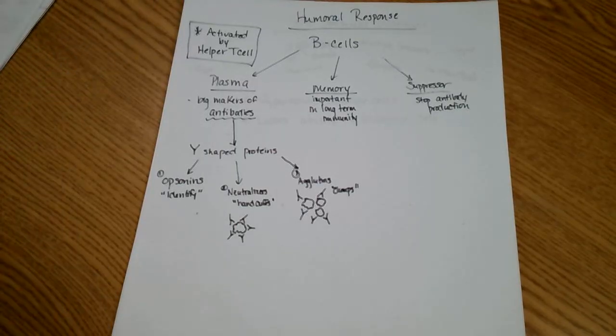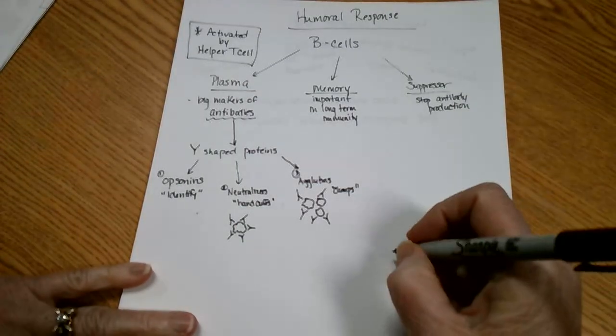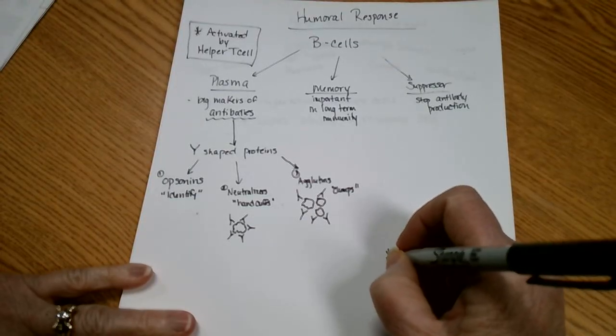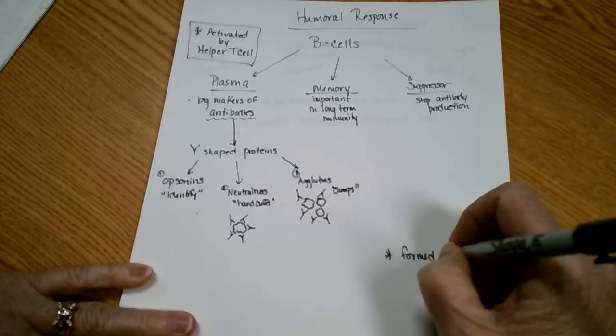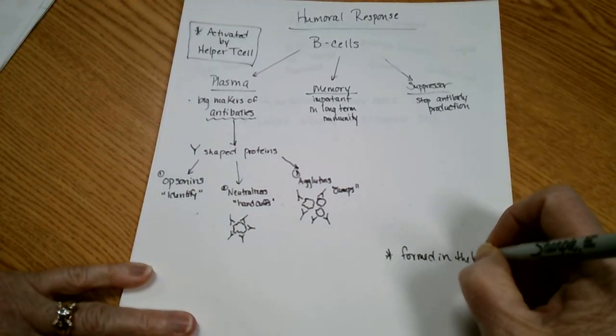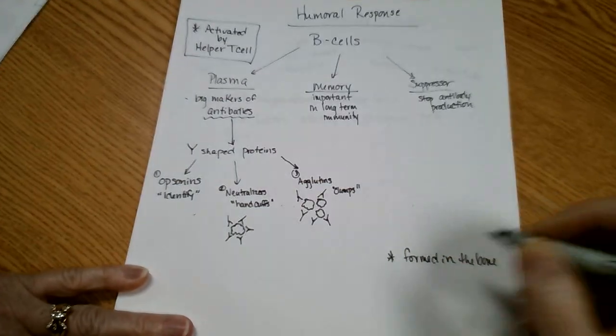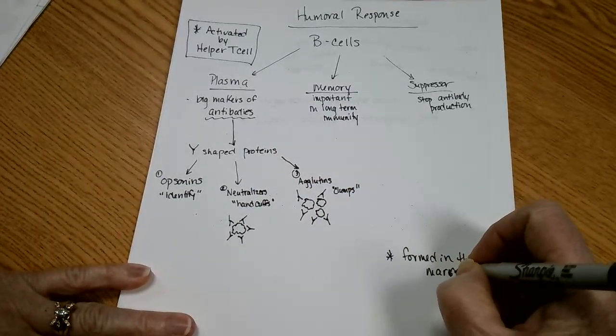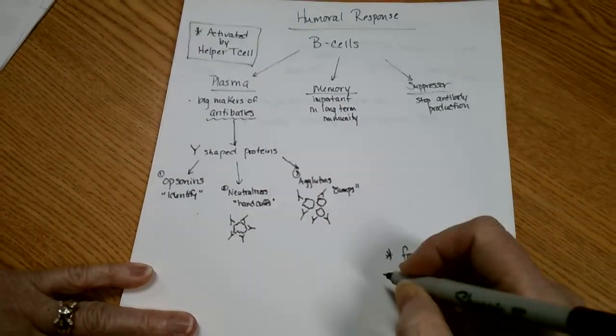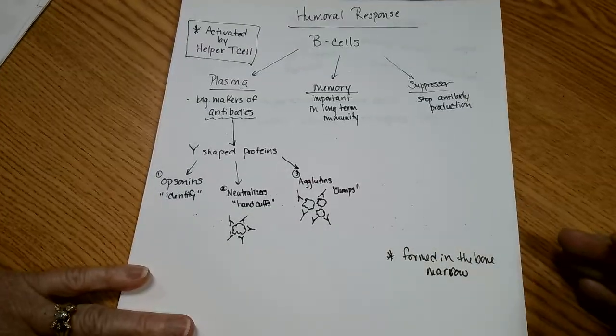Oh, one such thing, let me not forget, is formation. B cells are also formed in the bone marrow. Again, thank your femur out there, the bone marrow. But they don't go on to the thymus to learn.